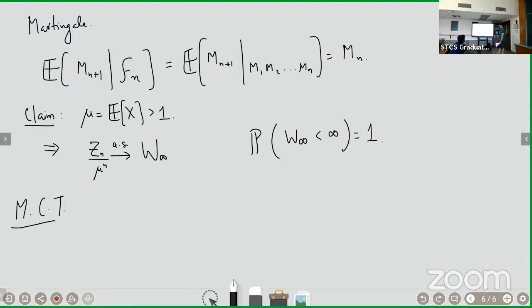The expected value of Z_{n+1} given Z_n is equal to mu times Z_n. So it's mu times. So what's the next try? Z_n by mu. Okay, Z_n by mu. Does that work? So Z_n itself is not.